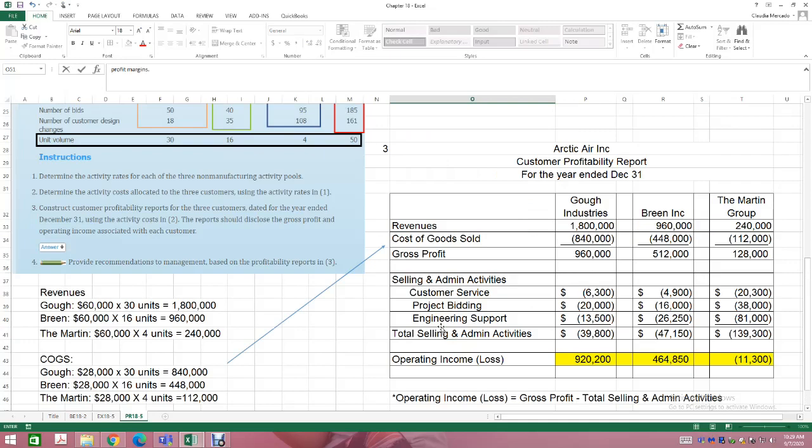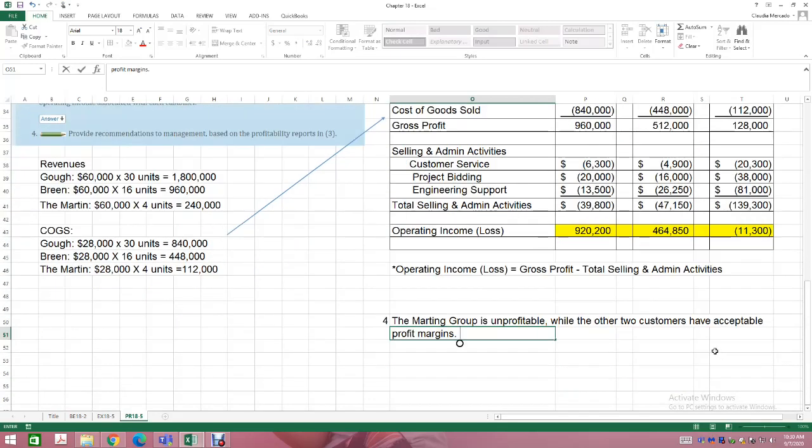So, why does the Martin Group give me a loss? Well, the Martin Group requires many customer service, project bidding, and design activity changes.